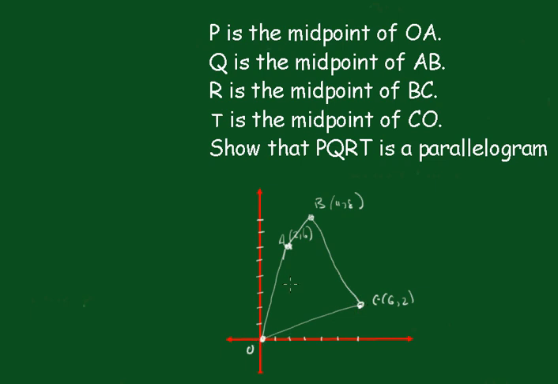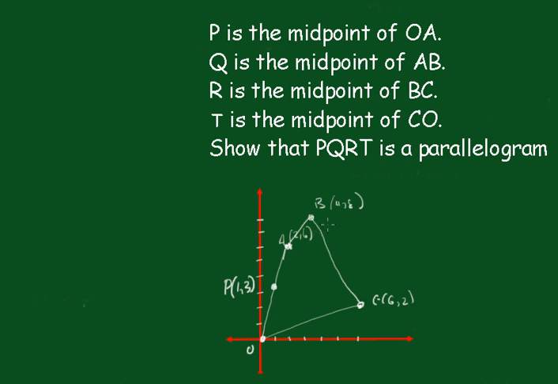Now this is very interesting because this happens with any quadrilateral. You'll form a parallelogram if you just join the midpoints. So we've got to find the midpoints. P is the midpoint of OA, so that point there, P, is going to be adding them together and dividing by 2: (1, 3).